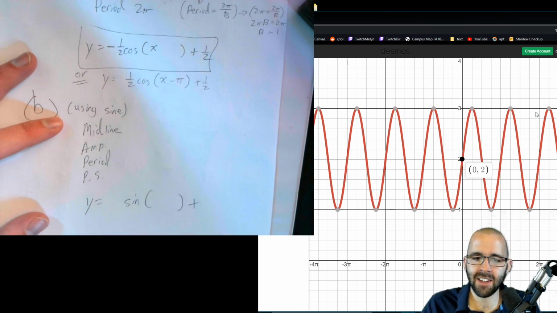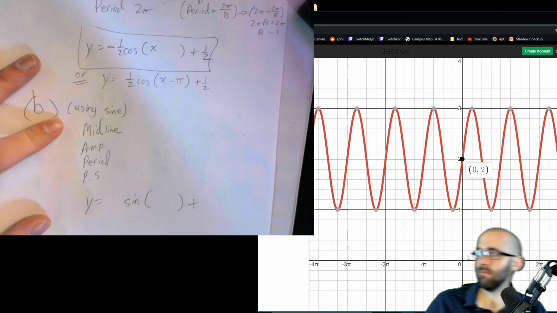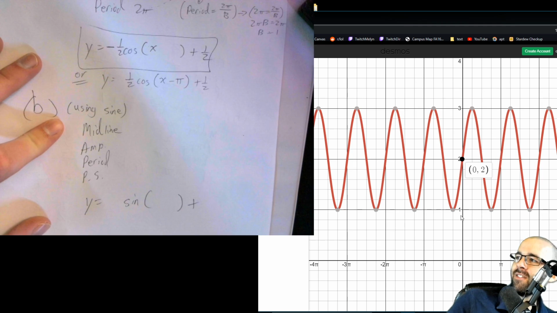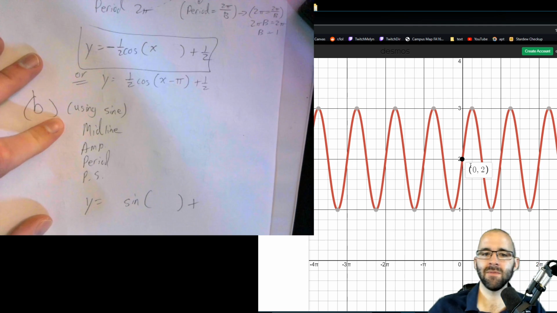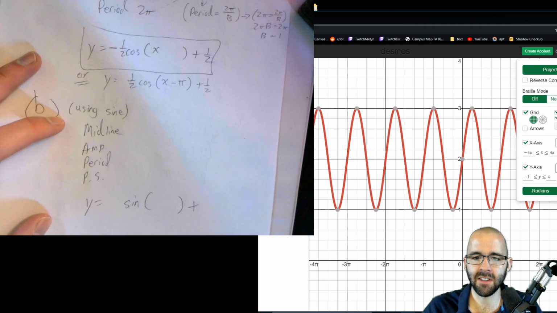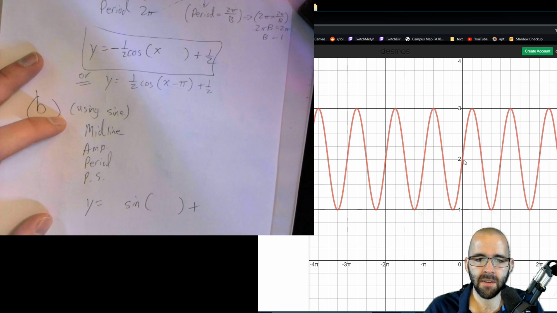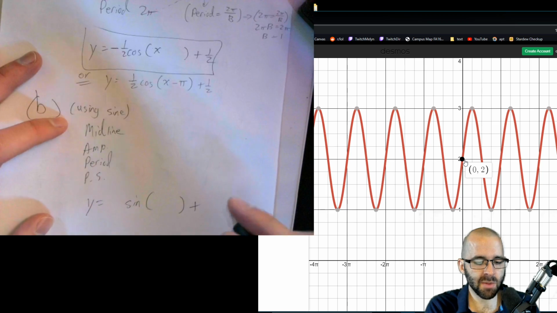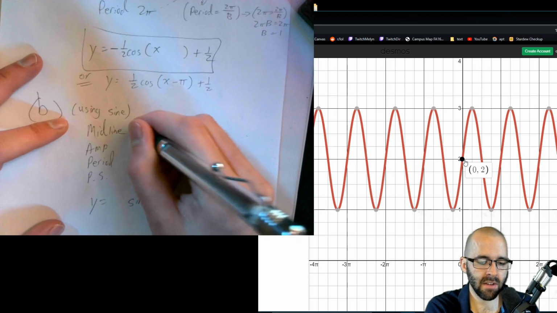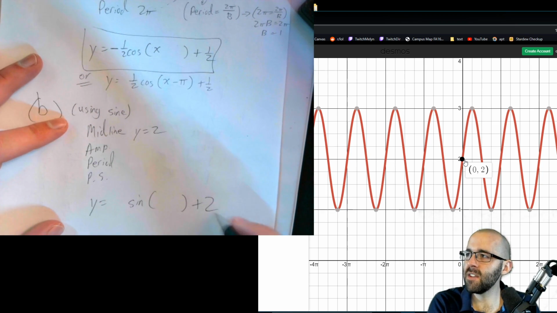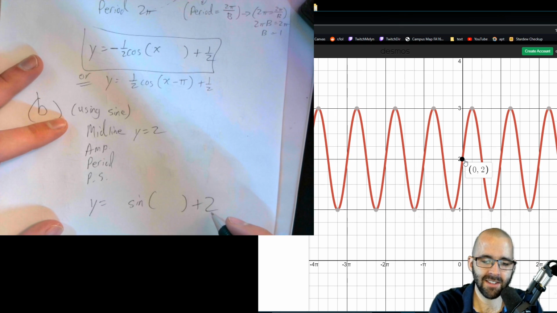Midline is 2, exactly, yep. It's just where's the middle of the graph. The zeros right here, 1 and 2. And let's make this look a little cleaner. Great. So the midline's y equals 2, which means we have a +2 at the end right here.